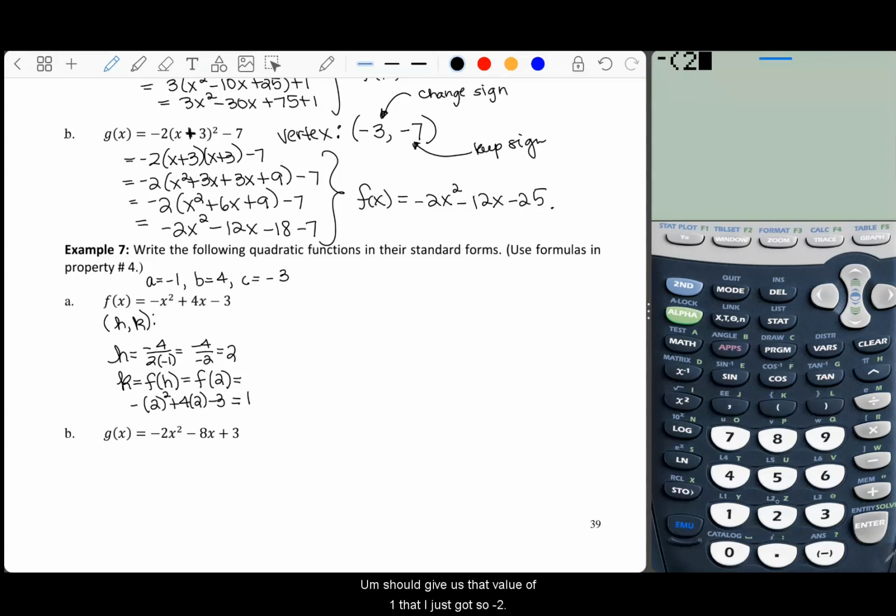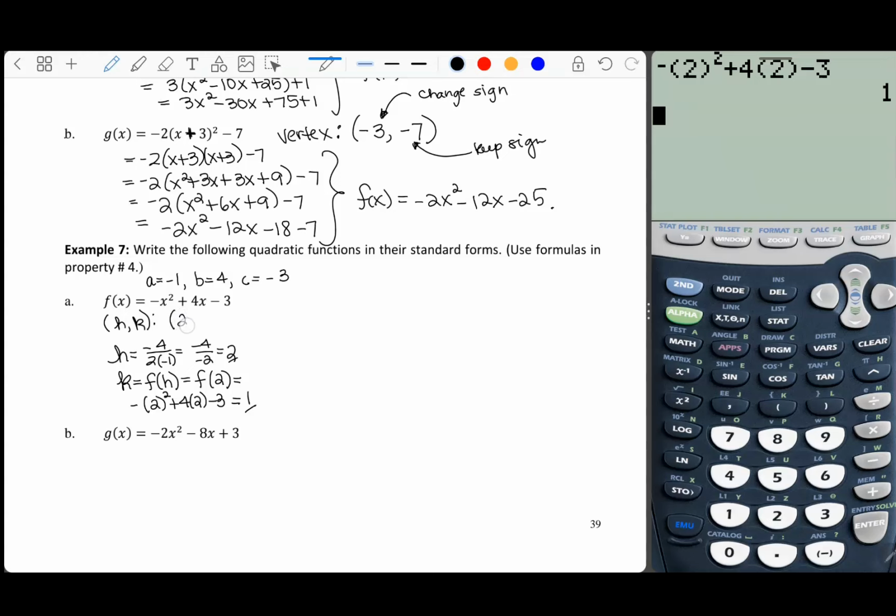So negative 2 quantity squared plus 4 times 2 minus 3 equals 1. Yeah, so the k value is 1, or that's the y value of the vertex.